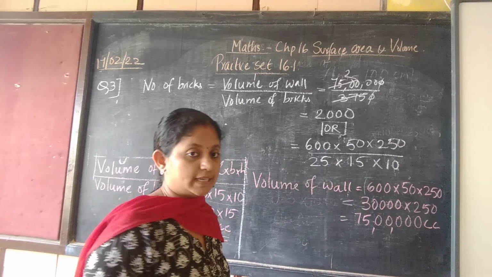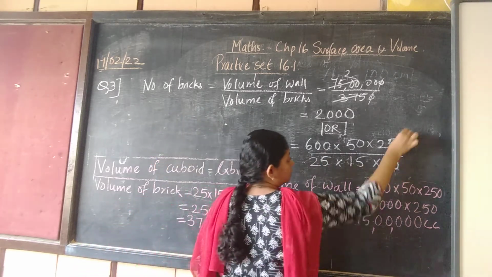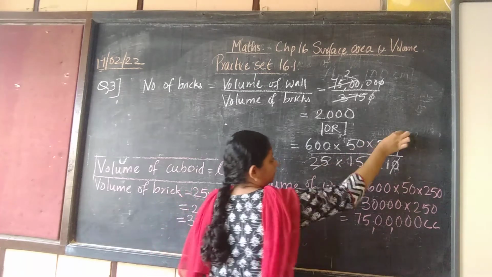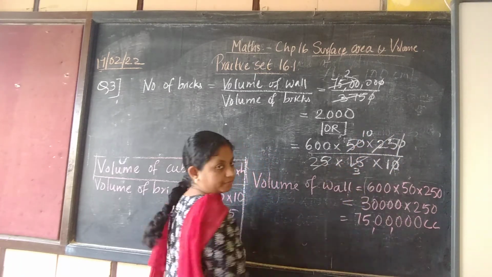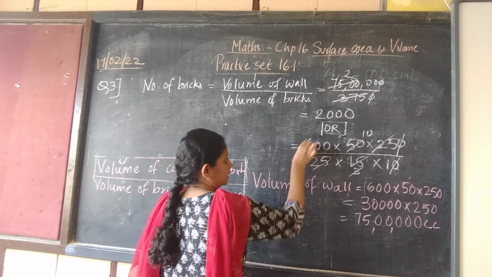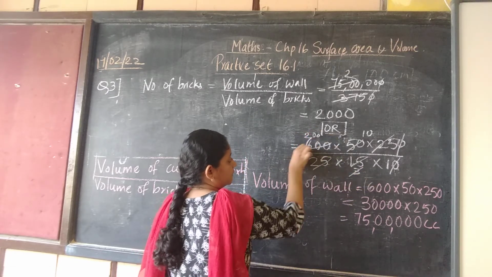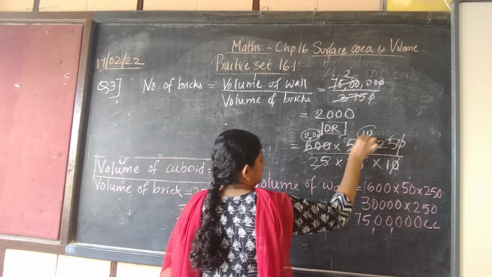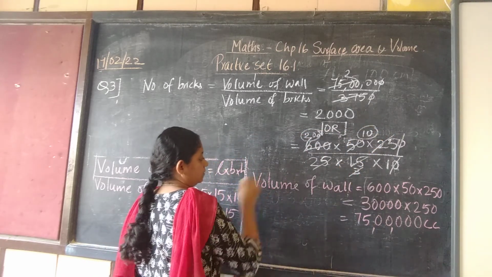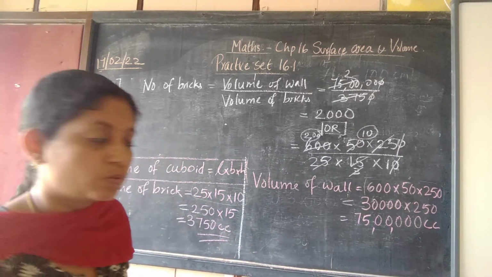Now the calculation is easy. You can cancel 0, 0, 25, 25. 5 tens are 50, 5 3s are 15, 3 2s are 6, 3 200s are 600. So what is remaining? Only 200 here and 10 here. So how much are you getting? 2000.